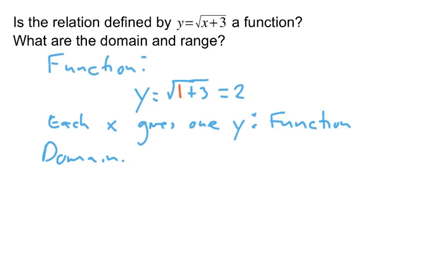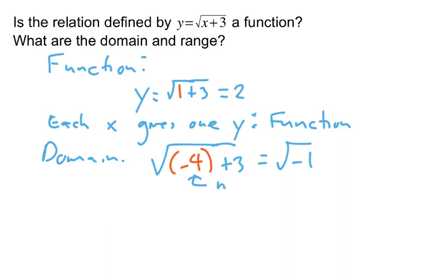What if I plugged in a negative 4 where the x is? That would give me the square root of negative 1. That is precisely what I don't want, the square root of a negative number. That tells me that the negative 4 is not in the domain.